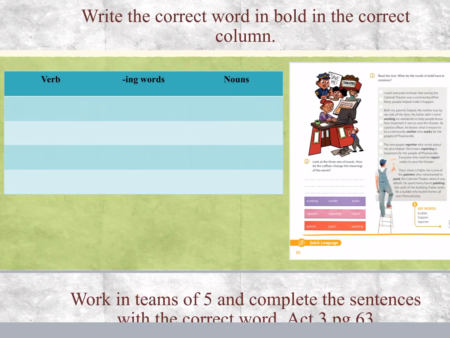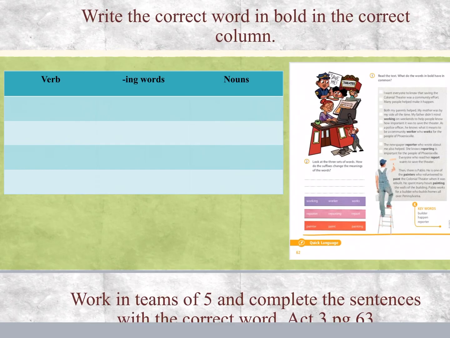So we have working. Now you have to decide in what column the word working goes. If you say that it goes in the ing words, it is correct. Working means you're doing it at this precise moment. Then we have worker.